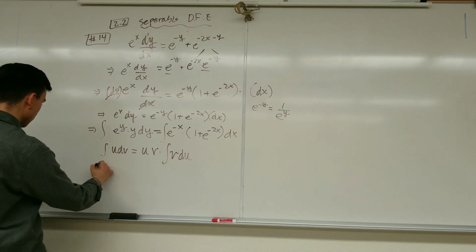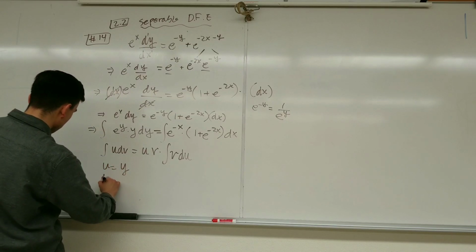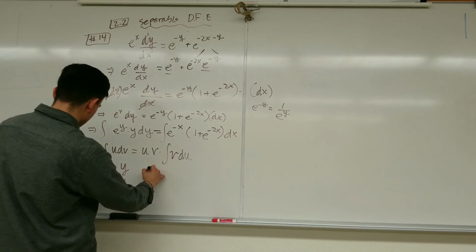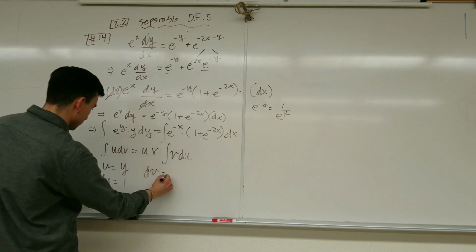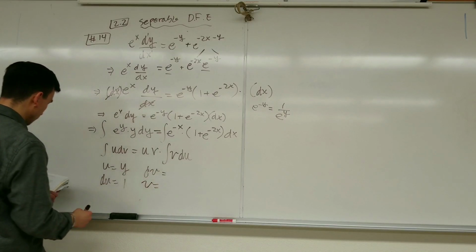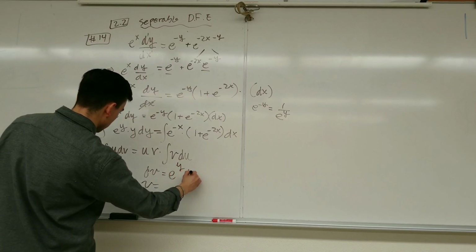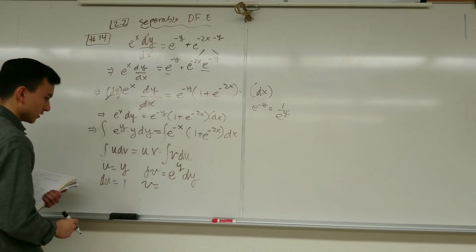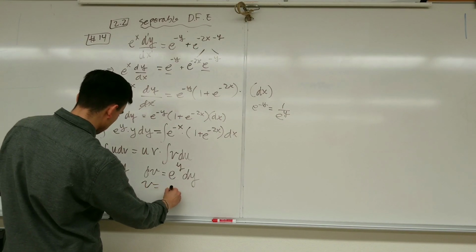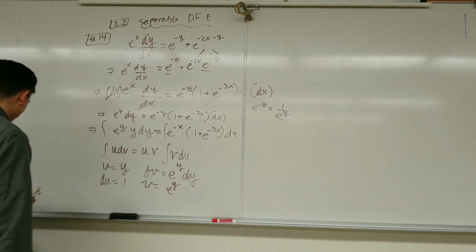So we can make our u equal to y, our du is 1 after you take the derivative, our dv is going to be e to the y dy, and the derivative of that is simply going to be that.